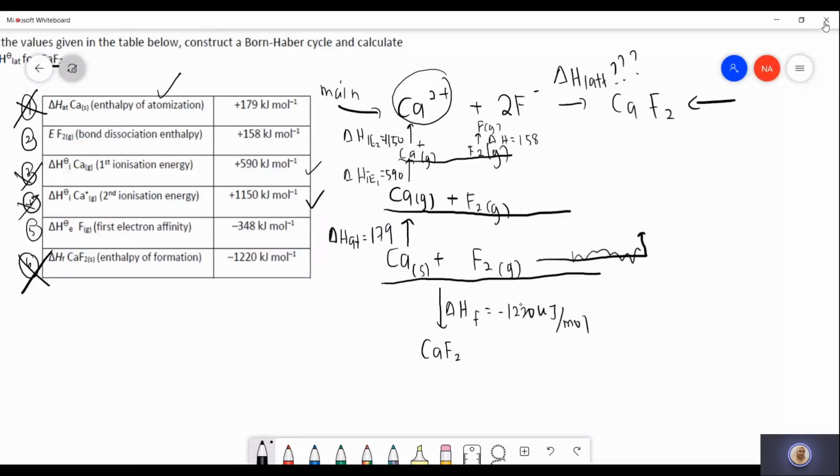Delta H dissociation means that we separate F from F2 gas. And then how to get F minus?